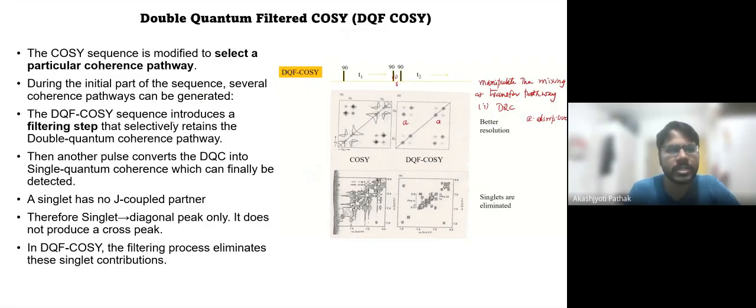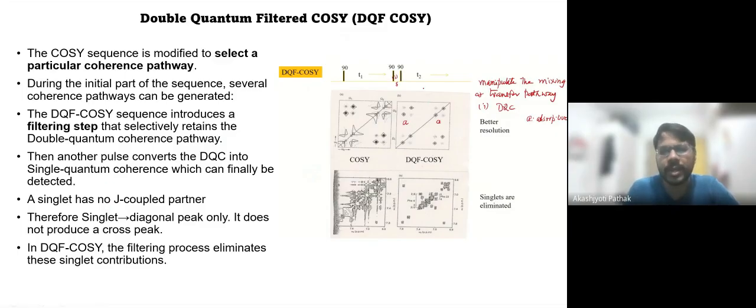The DQF COSY sequence introduces a filtering step that selectively retains the double quantum coherence pathway. Then another pulse converts this DQC into single quantum coherence during the T2 period.